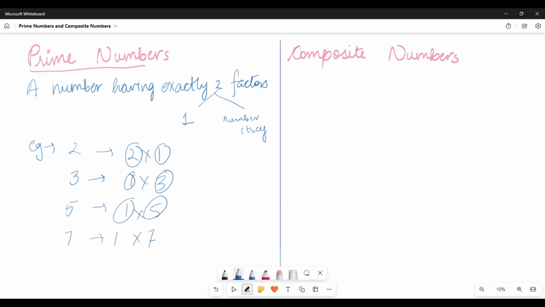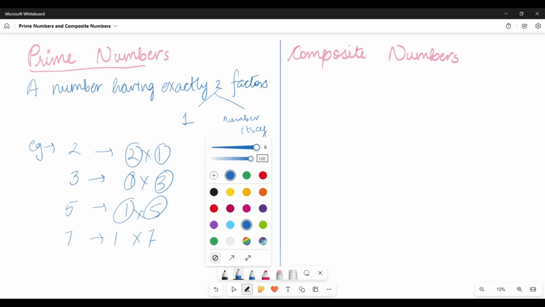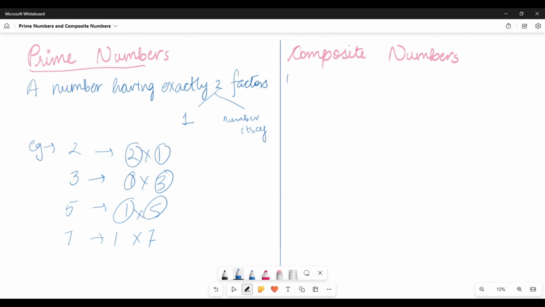So a number which has more than two factors is considered a composite number. So what's the definition of a composite number? We can say numbers that have more than two factors, right?